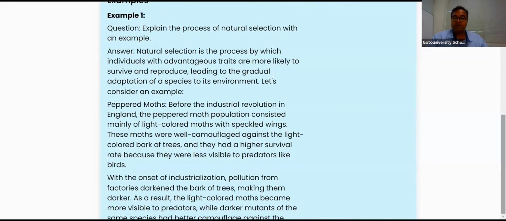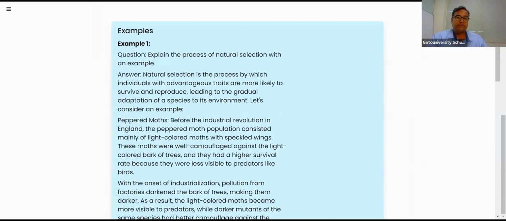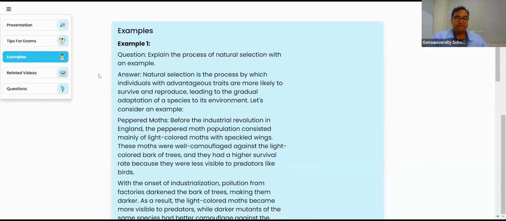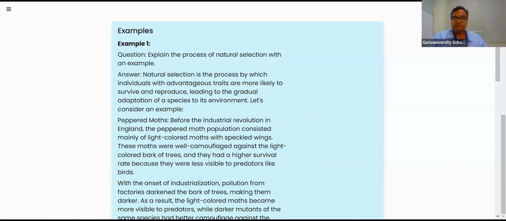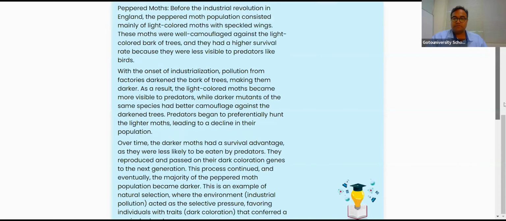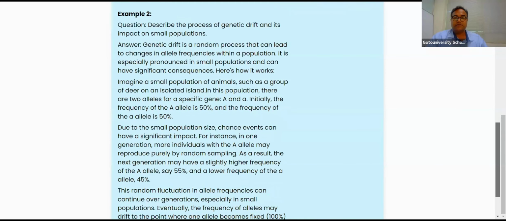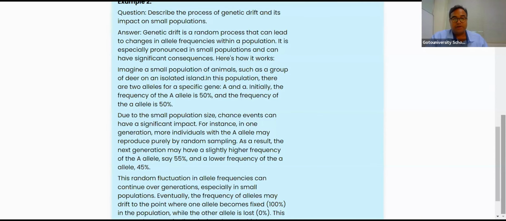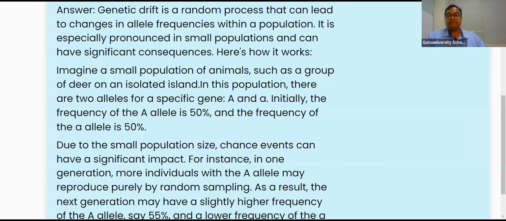we're talking about the process of natural selection with an example we already discussed, right? It describes the process of genetic drift and its impact on small populations, right? So genetic drift leads to changes in the allele frequency within a population, okay?